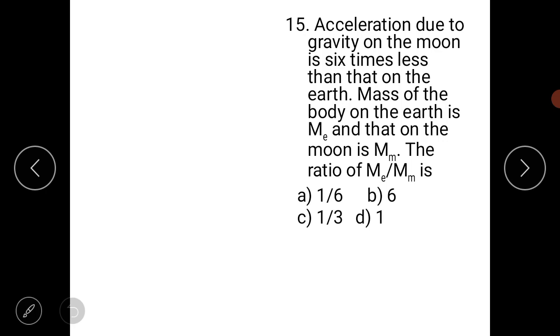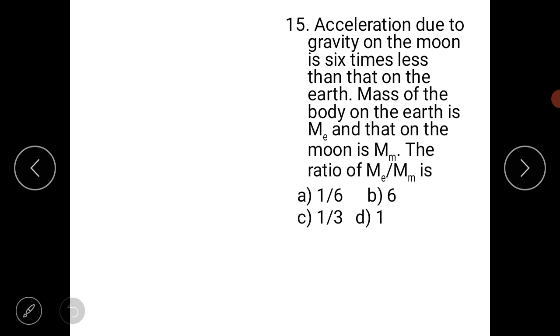The mass of the body on the earth is me, and that on the moon is mm. The ratio of me to mm is? You have to look at this question carefully.